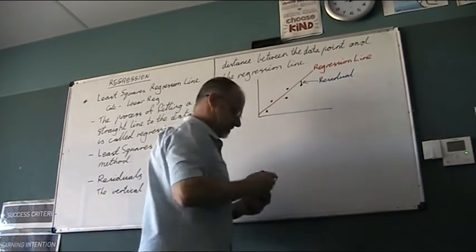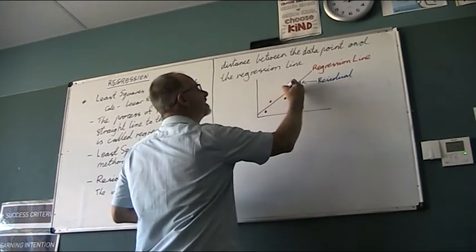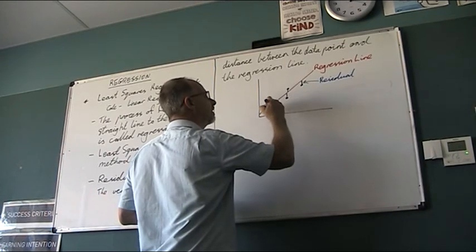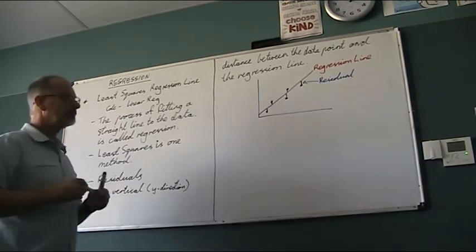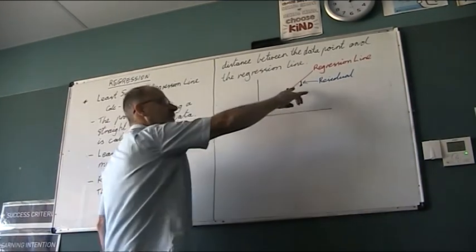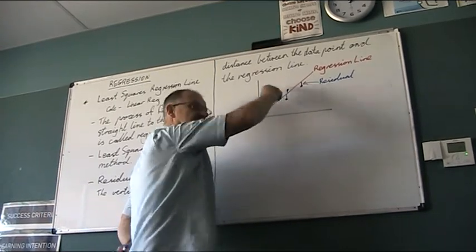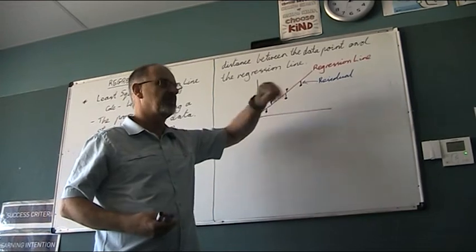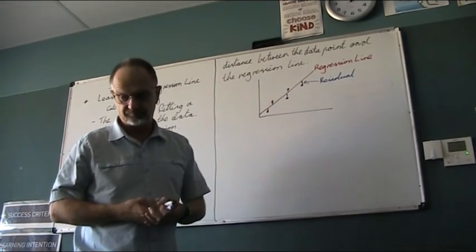There are a number of residuals, so all of these blue lines are residuals. Some of them are below the line, some of them above the line, and when we get further down the track, sometimes the residual will be positive or negative.